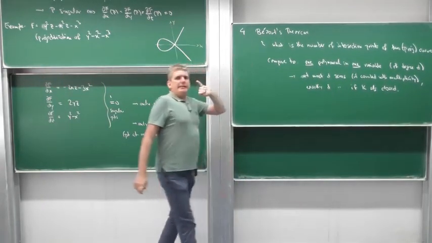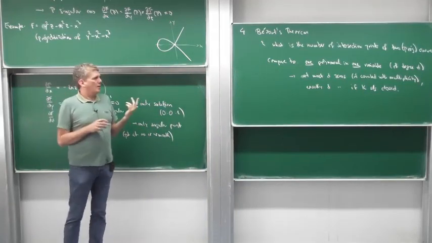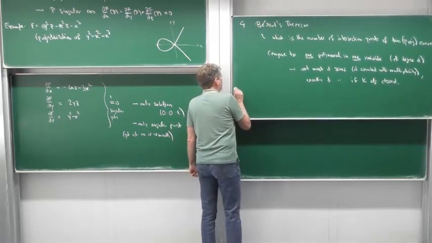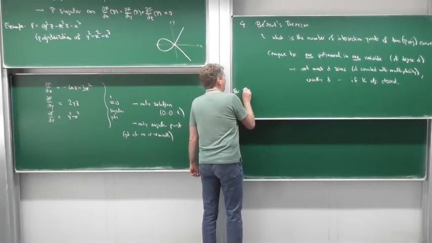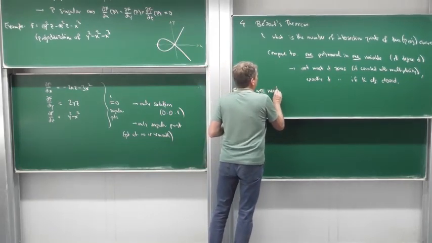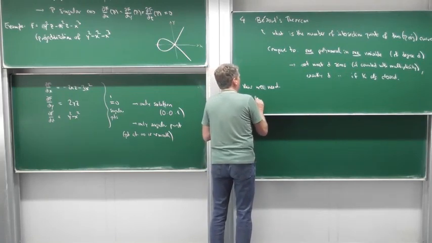So how do we do that? We need, in fact, one prerequisite from commutative algebra. So either you know it already, or we just take it on faith here and assume that. Namely, for this, we need the following. Let me just call it the fact here from commutative algebra.